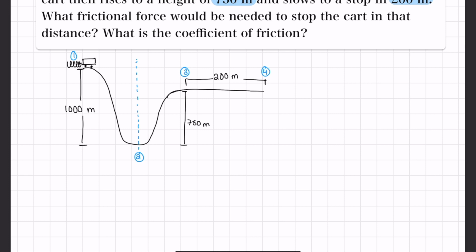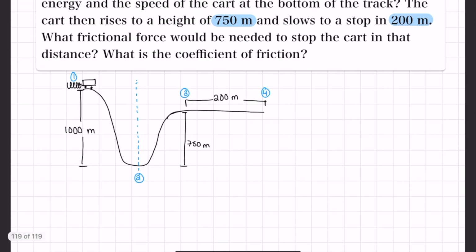So the first part, and then we want to list our energies that we have at each of these spots. So at the very top of this hill, we're going to have potential energy from the spring. We're also going to have gravitational potential energy. And then when we get to the bottom, we're going to have kinetic energy.